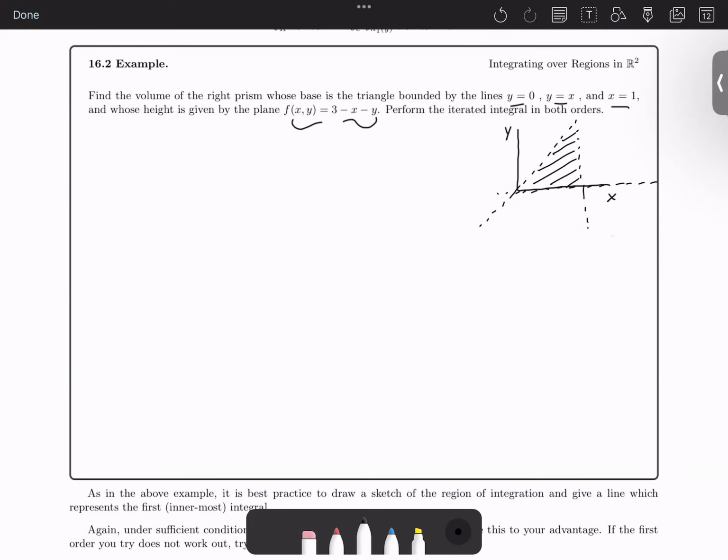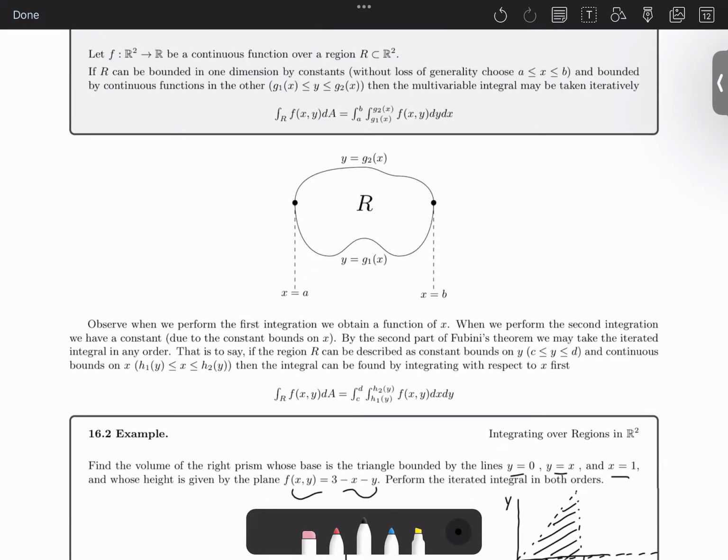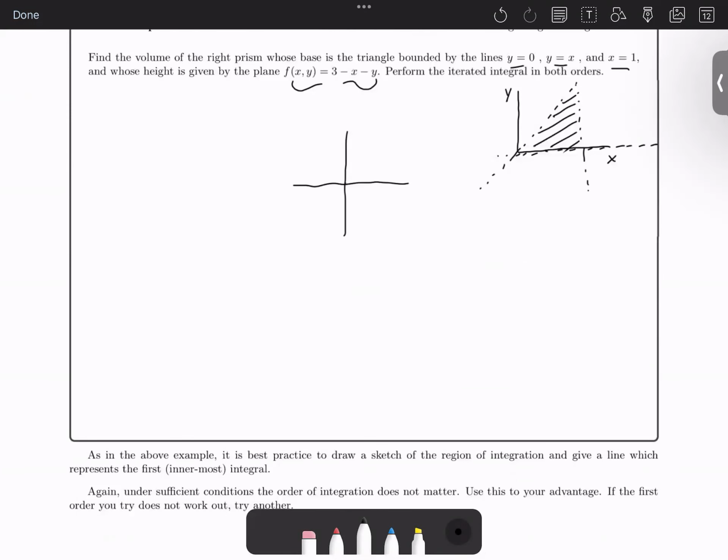All right, so if I tilted this and I were to go into 3-dimensional space, which is where my function lives, this is going to be x, that's y, this is the z-axis or the outputs of my functions. Then I'm looking at this triangular region in my xy plane, and then on top of this region is my function.